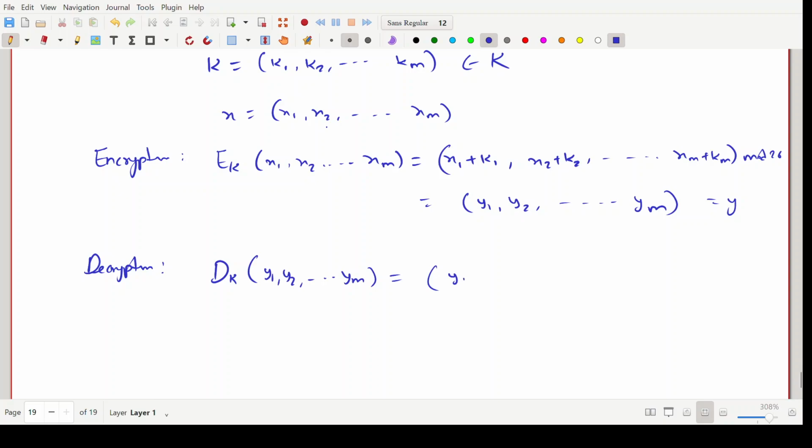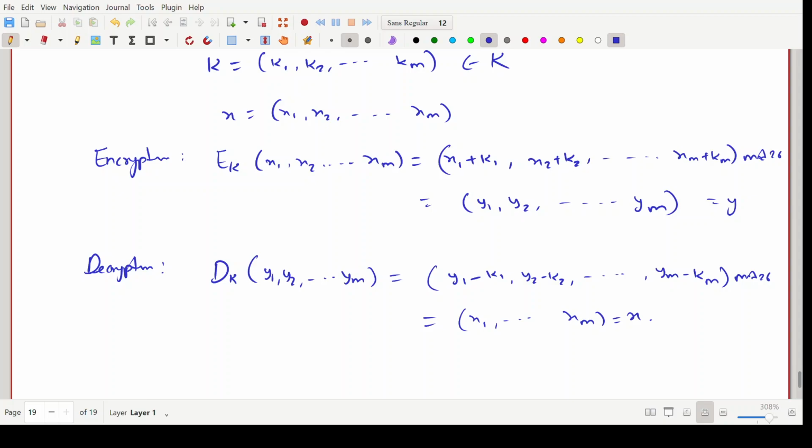So I am just taking Y1 minus K1, Y2 minus K2, and Ym minus Km. Whatever you get, modulo 26, you'll get your plain text, that is X1 to Xm, which is your X. So this is very simple.